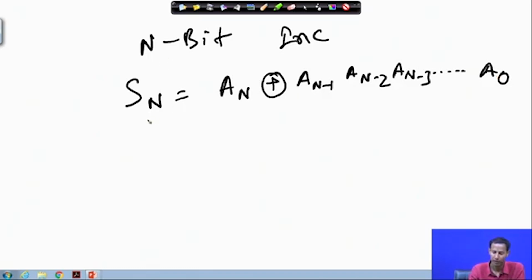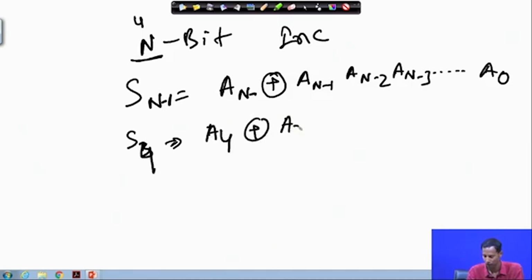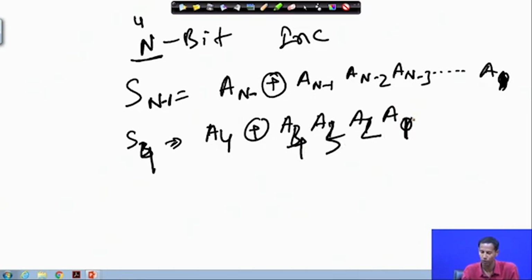Now, if you write that for n bit and put in values, let us consider 4 bit.